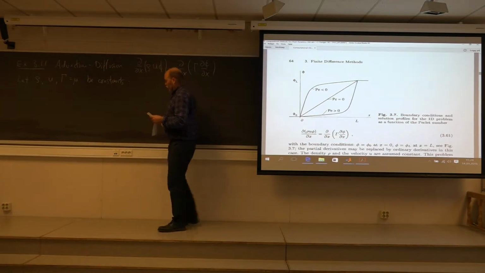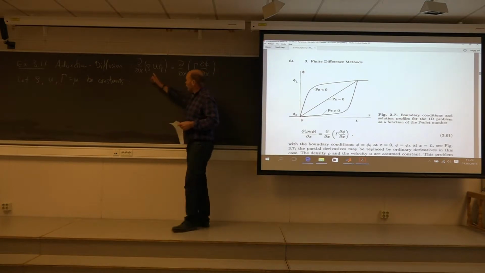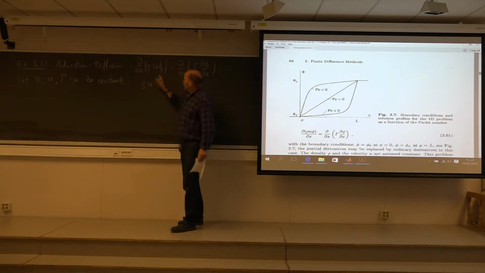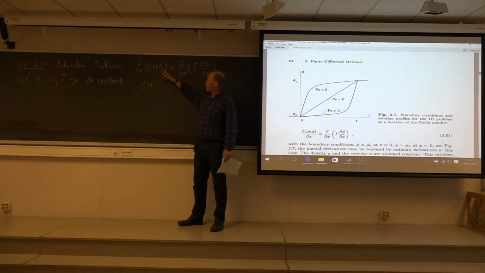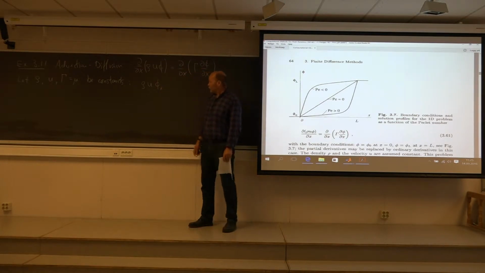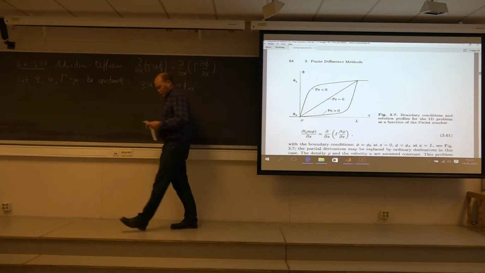Then our equation can be written somewhat differently. Rho and u go outside, rho u, and then you are left with the x derivative of phi. So if you like, you can write it like this: d phi/dx equals, and what do you have on the other side? Viscosity, and then the double derivative.